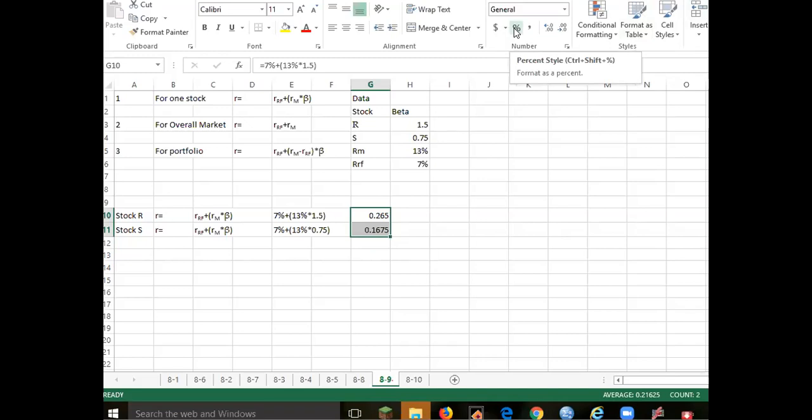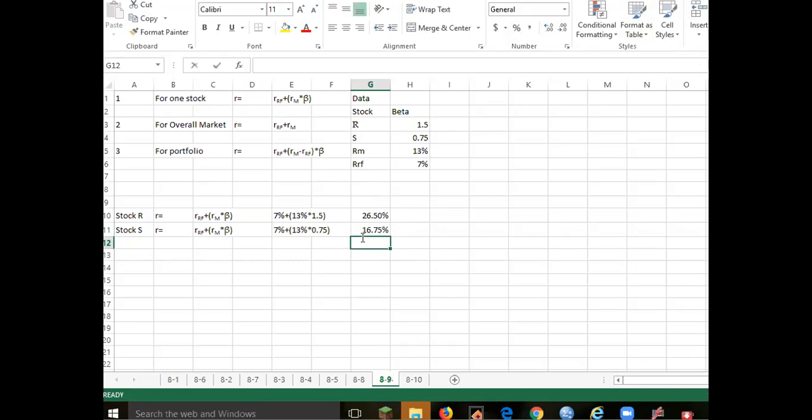The difference of both returns is required, because they have asked by how much the riskier stock return exceeds the less risky stock.